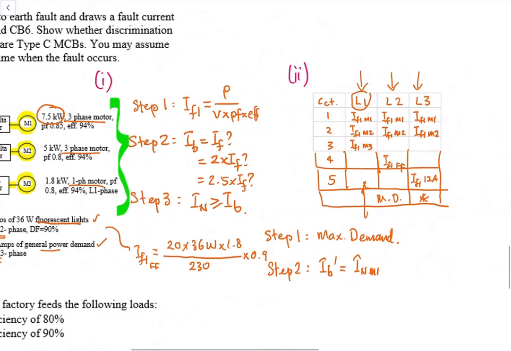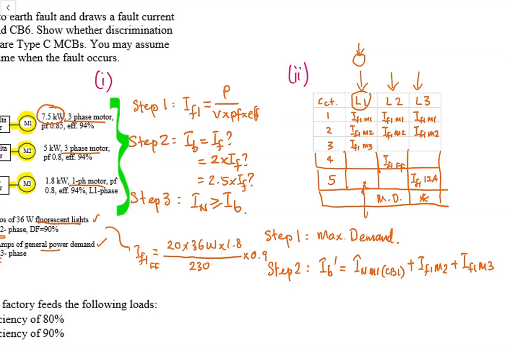So this one is actually the CB1 rating plus the I full load of the other phases. So if I'm going to take this as my main phase, it's just the I full load of M2 plus I full load of M3. Okay, not ICB, not the CB rating.